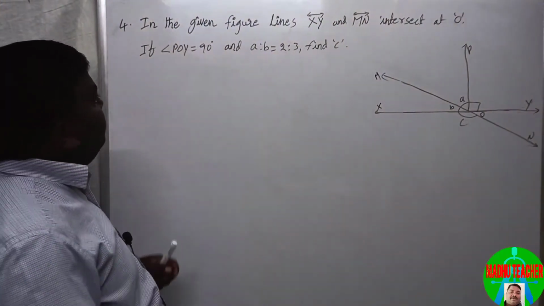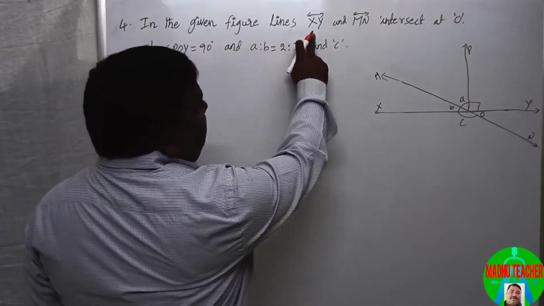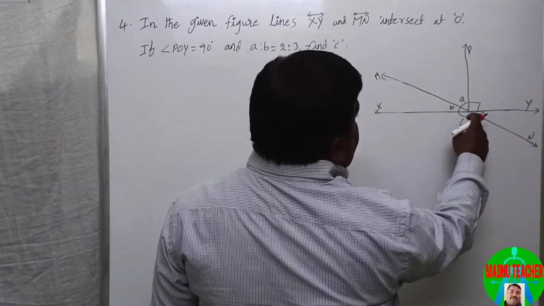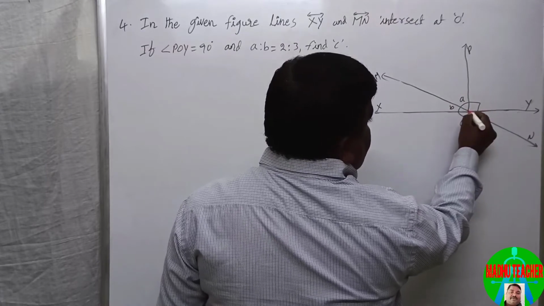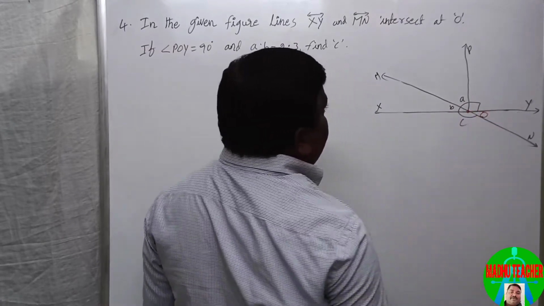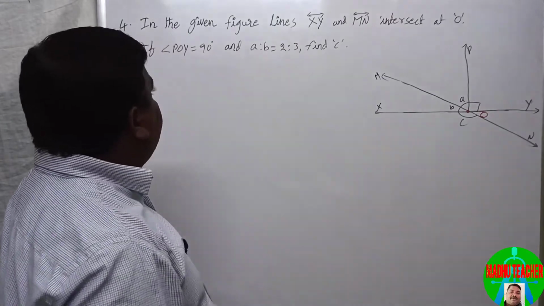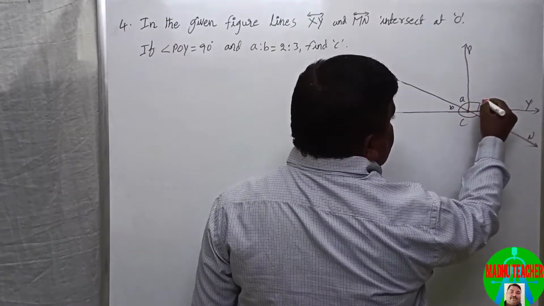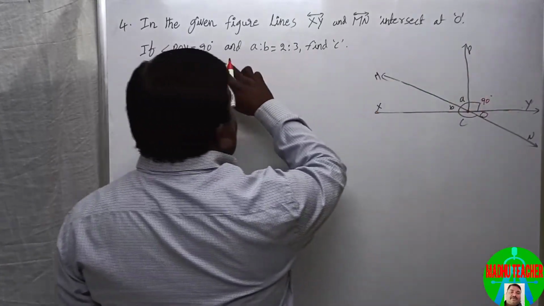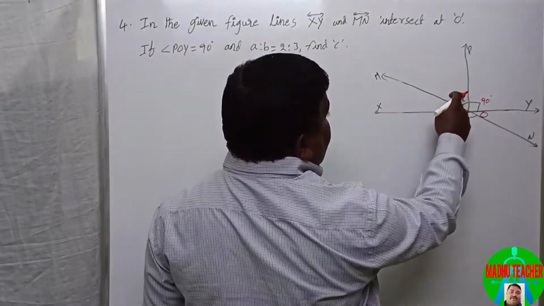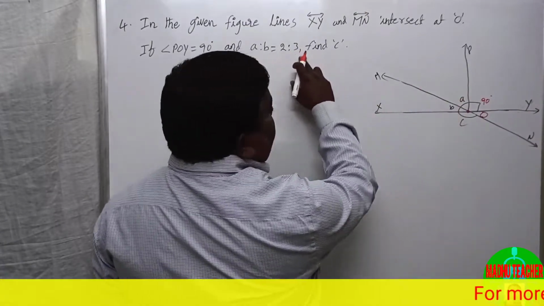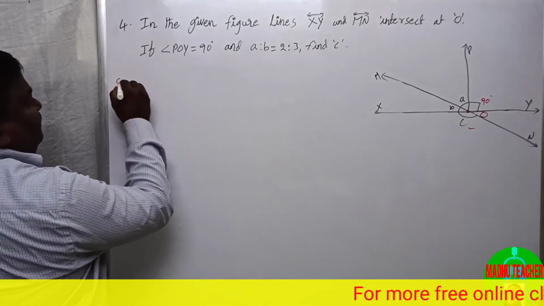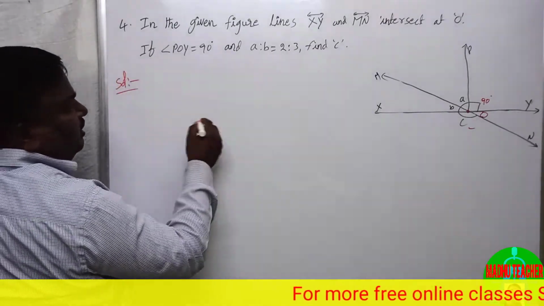Fourth question is, in the given figure, lines XY and MN intersect at O. If angle POY equals 90 degrees, this is 90 degrees, and A is to B equals 2:3, find C. First of all, what is given?